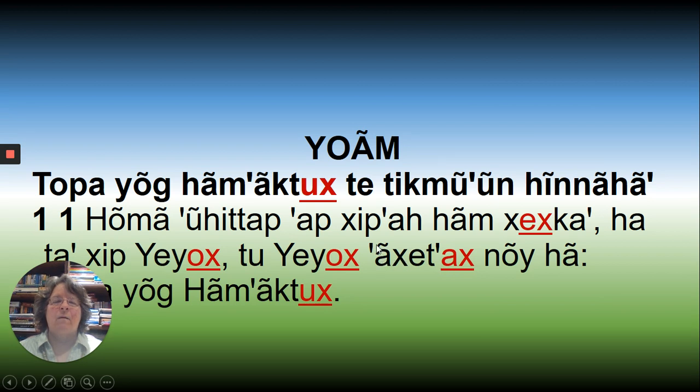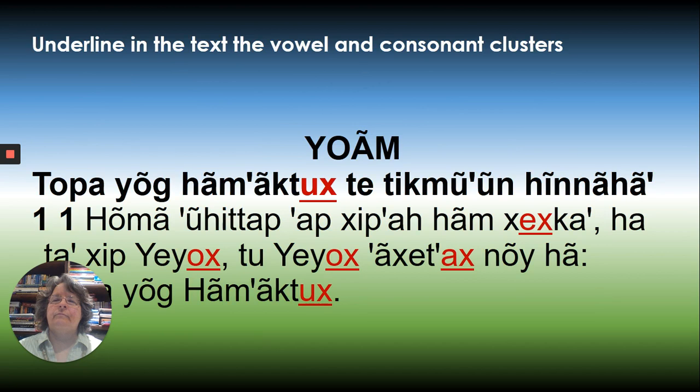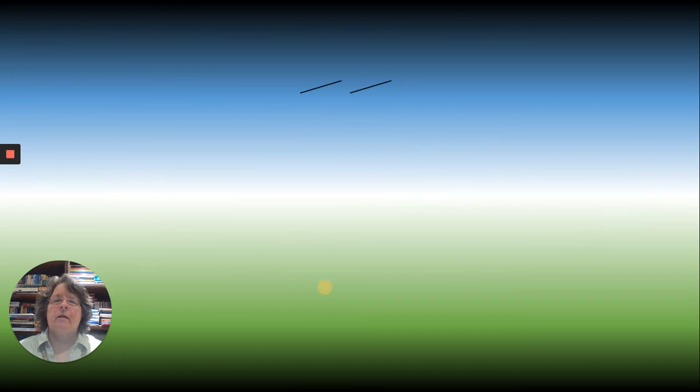Now, this one has an A, but it's the A with the tilde on it, and there's not a vowel cluster that starts with A tilde and X. So don't underline that one. And you go on from there.